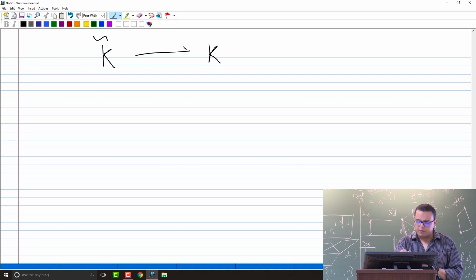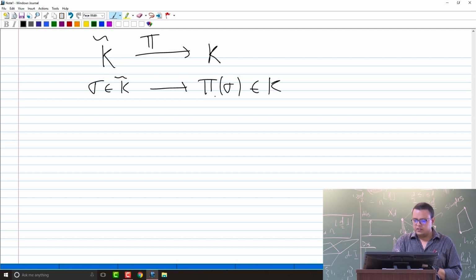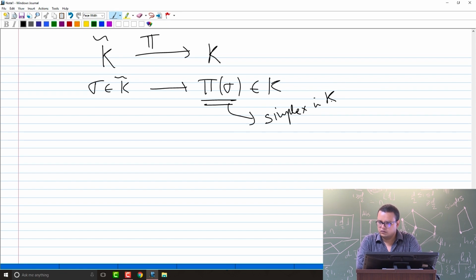Let us say the map is defined by pi. Sigma belonging to K tilde will be mapped to pi of sigma belonging to K, a geometric simplex contained in K. K will be a collection of geometric simplices, K tilde will be a collection of abstract simplices. You want the map to be one to one also.